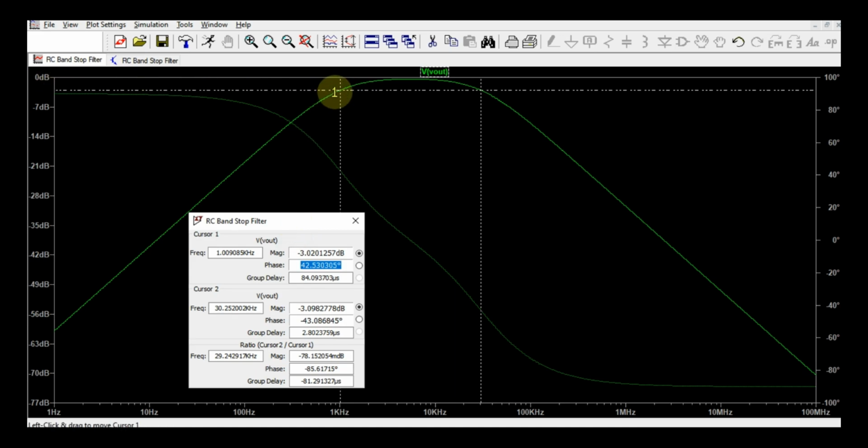So if you understand now, this is the stop band. That means your filter output starts attenuating at your lower cutoff frequency, and this is also a stop band on this side. That means your filter output starts attenuating at the higher cutoff frequency, and from a frequency of 1 kilohertz to 30 kilohertz, your filter is in the pass band, right?